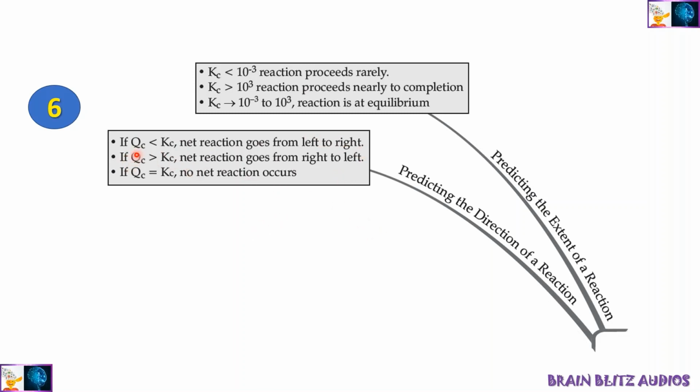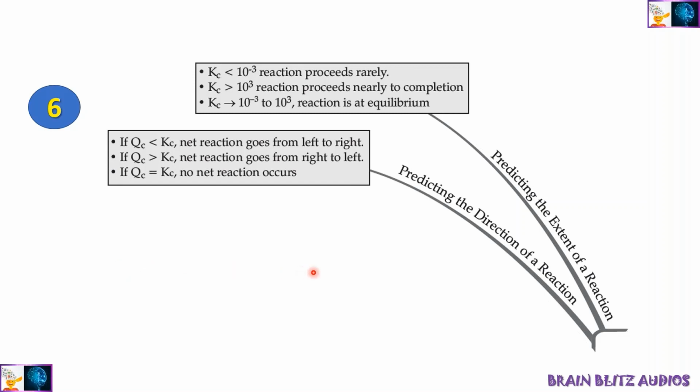But if the reaction quotient is greater than the equilibrium constant, then the net reaction goes from right to left, backwards. If Qc, the reaction quotient, is equal to the equilibrium constant, then there is no net reaction. It goes both forwards and backwards at the same rate, and we reach equilibrium.